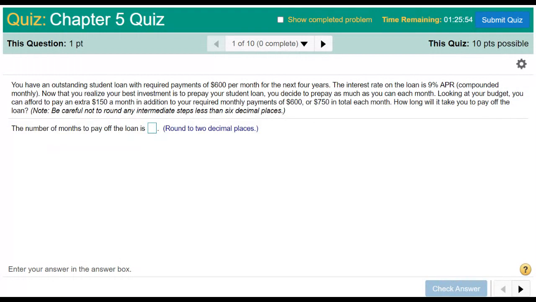All right, so now let's go in and we're solving for n. IY equals 9 divided by 12. Payment is negative 750. Future value is 0.